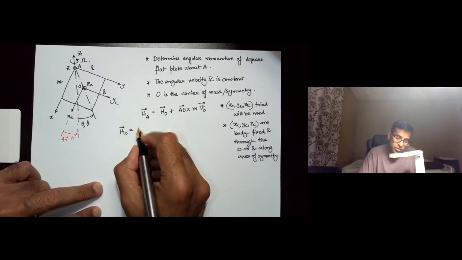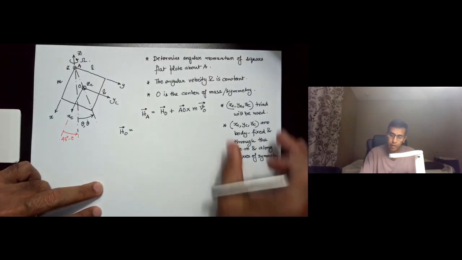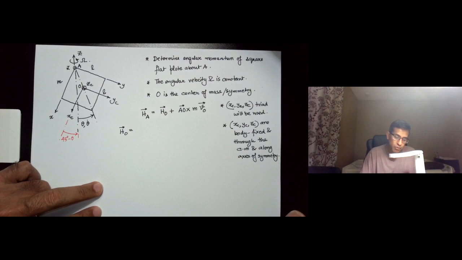So in this case, because the triad has these properties, the moment of inertia tensor only has the Ixx, Iyy and Izz components. All the product of inertia terms are equal to 0.